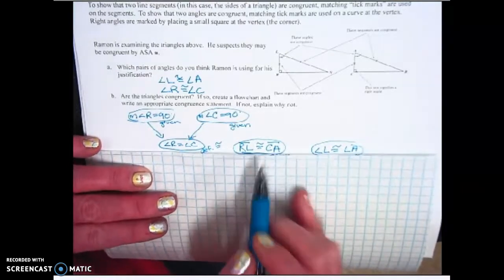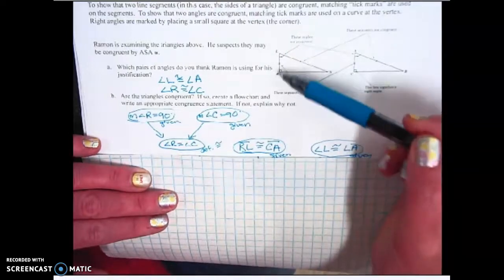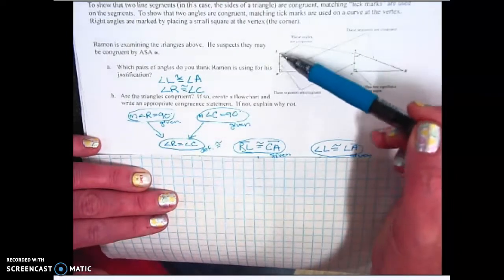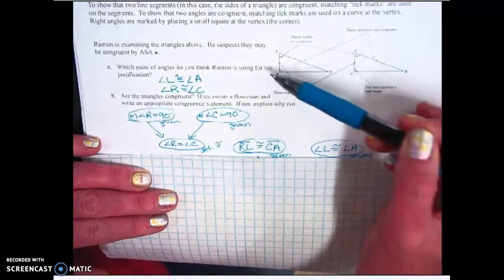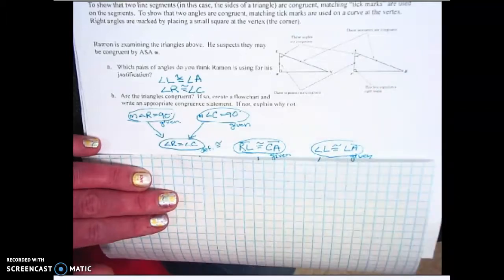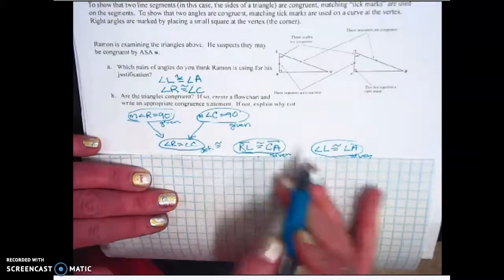The other piece of information they gave us is that this side right here, RL, is congruent to this side right here, CA, because it has that double tick mark. And we don't even need to know a number. We just need to know that they're congruent, okay?